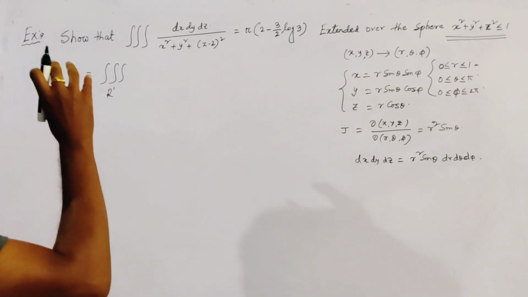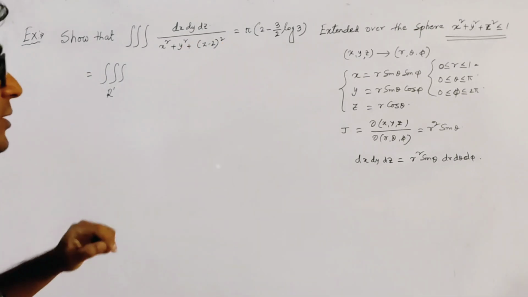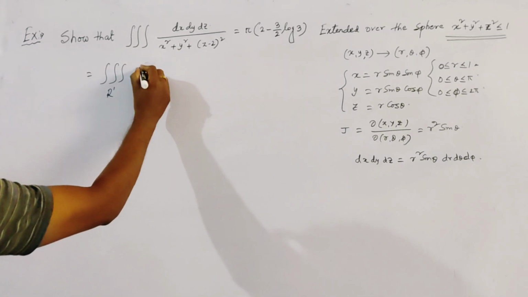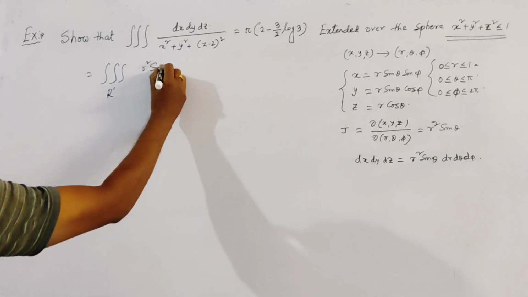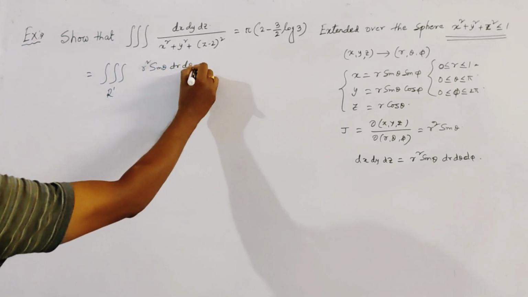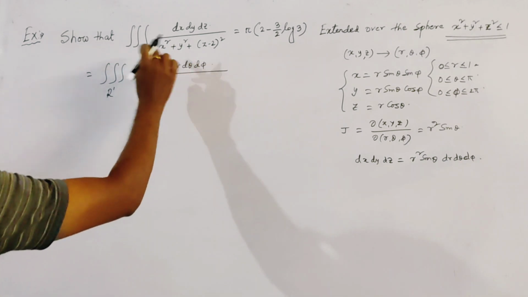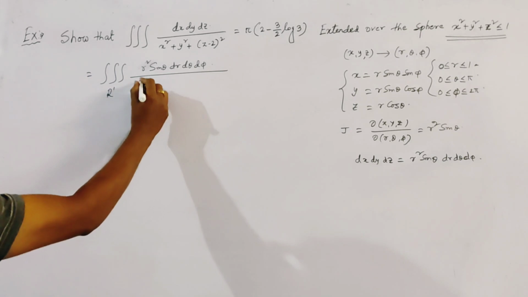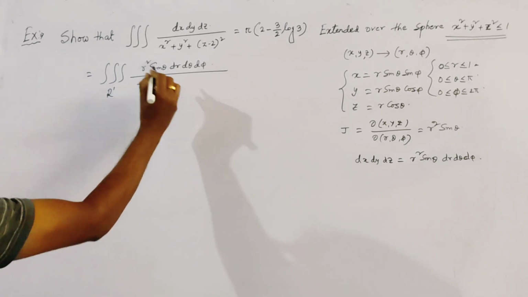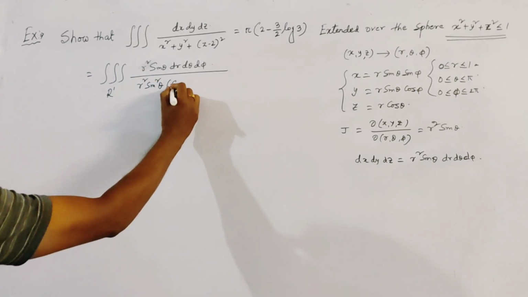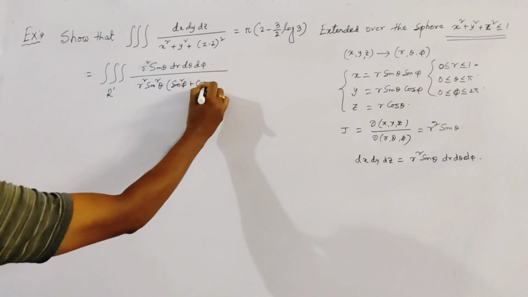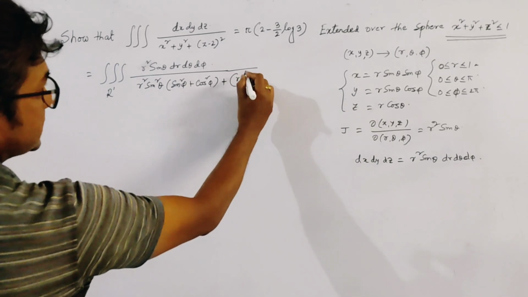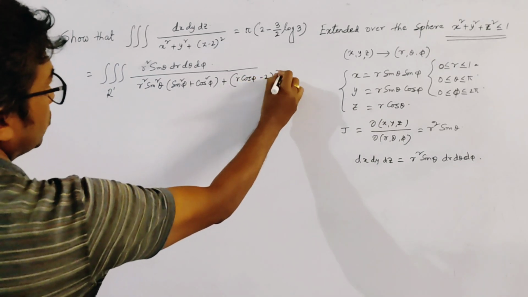The integrand becomes r square sin theta dr d theta d phi, and in the denominator, from the first two terms we get r square sin square theta into (sin square phi plus cos square phi), plus, putting z, (r cos theta minus 2) whole square.